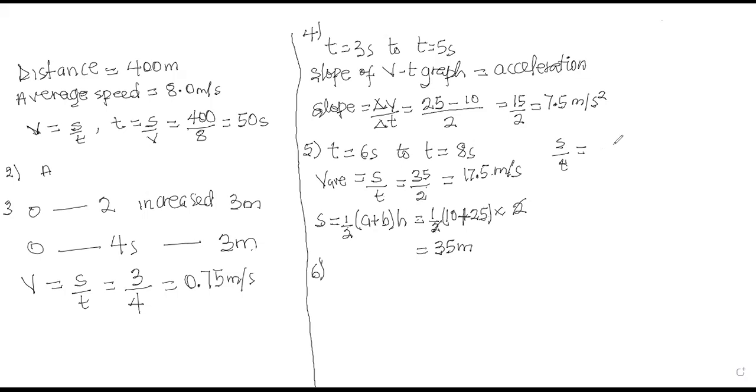Now this distance can be obtained using the formula for a trapezium, because the shape under the set time is a trapezium. The shape looks like this. Corresponding to this is 6, this is 8.